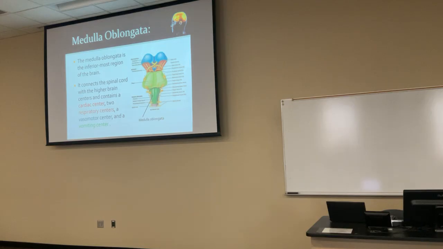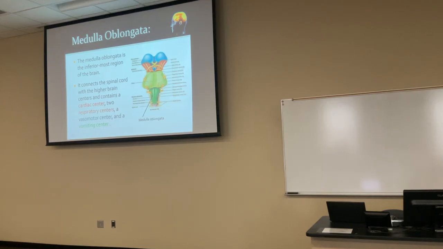Okay. So the medulla oblongata has several different brain centers that you can't distinguish visually. They just look like all the rest of the brain tissue in the brainstem that control major autonomic functions. And so in the medulla oblongata, there's a cardiac center that regulates the heart.